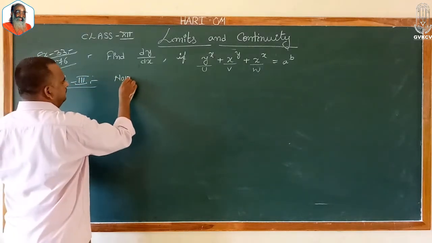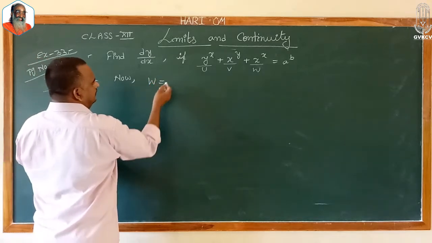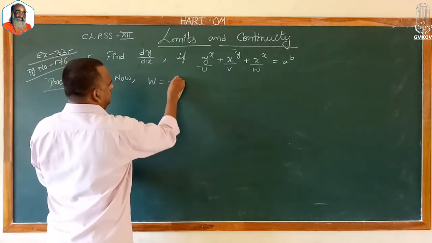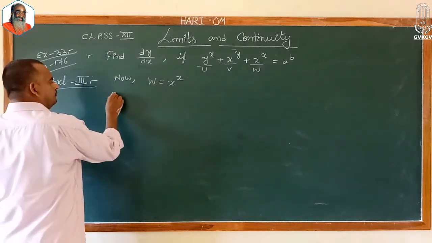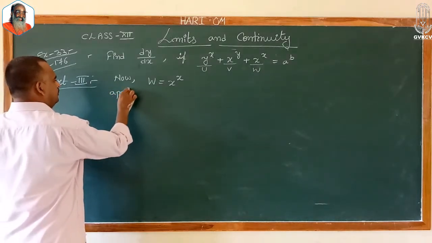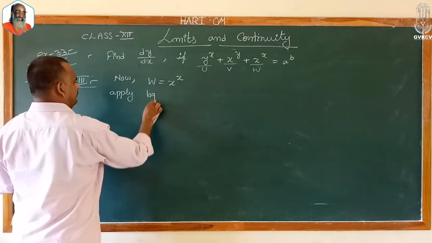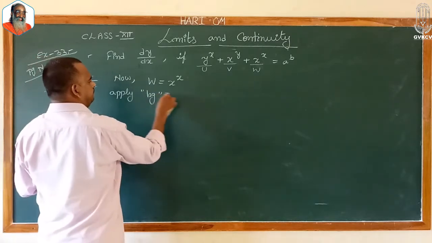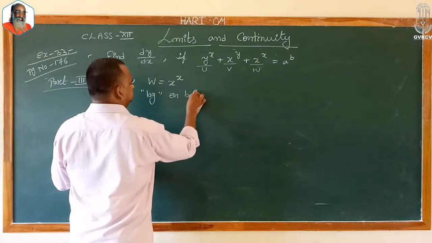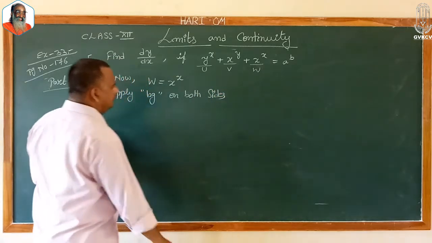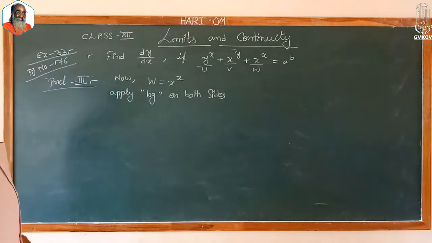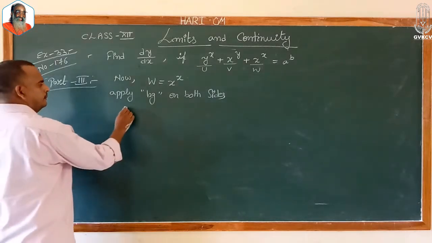Now w is equal to x power x. Apply log on both sides. When we apply log on both sides, what we have?